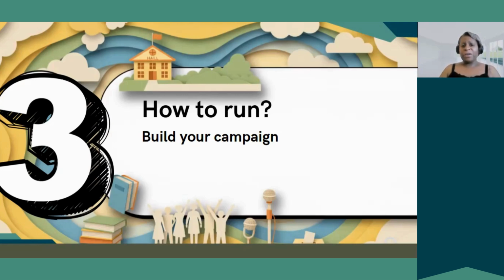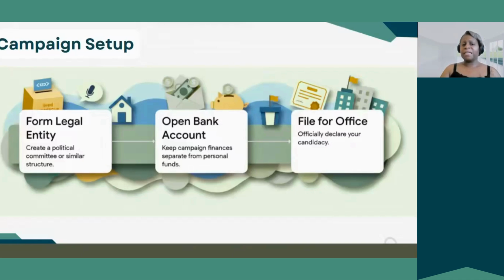But what I didn't know was this really basic stuff, like, okay, do I have to form an LLC or something? How do I actually put this thing together? And so that's one thing: you do need to form some type of legal entity. It's a political committee or a similar structure, association, and you can talk to the Secretary of State's office or contact your local election department to find that information out.